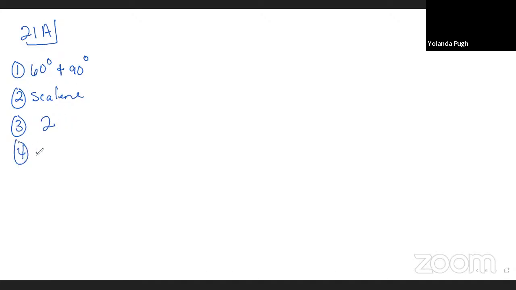And that would be the square root of 3 times the short leg. To find the unknown side of any right triangle, we use the Pythagorean theorem.